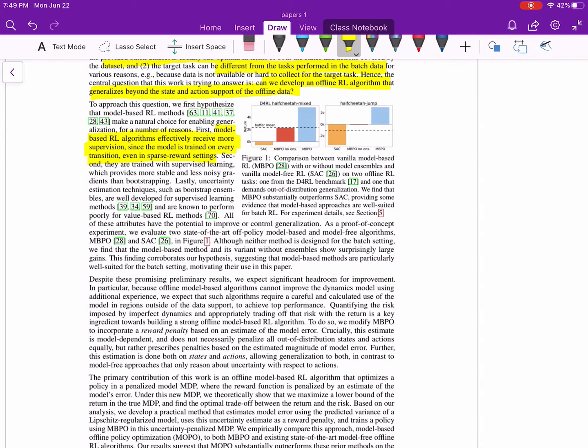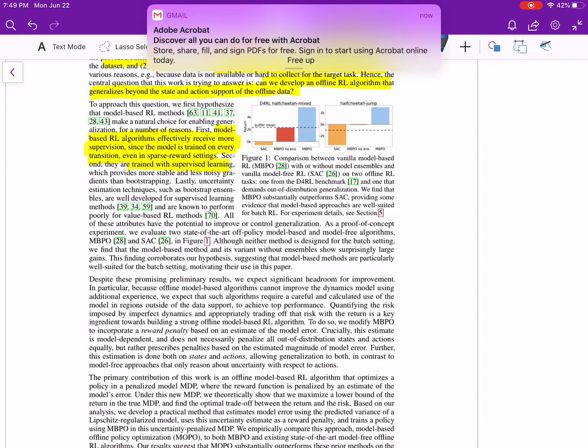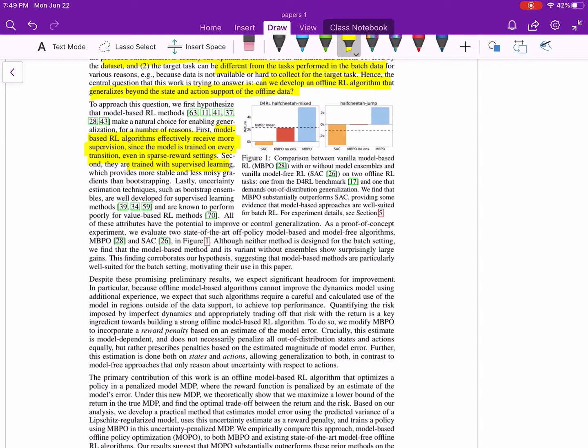Okay, so this is one thing which they observe. Secondly, they are trained using supervised learning, which provides more stable training and less bootstrapping. Okay, yeah, that is true. Bootstrapping has its own bias and variance estimations, bounds associated with that.